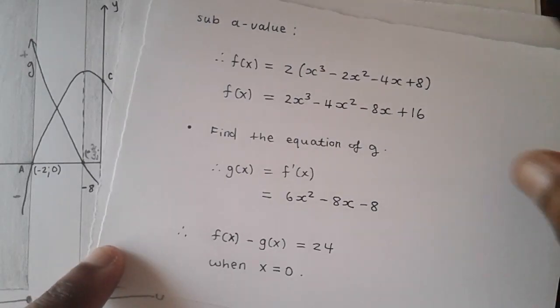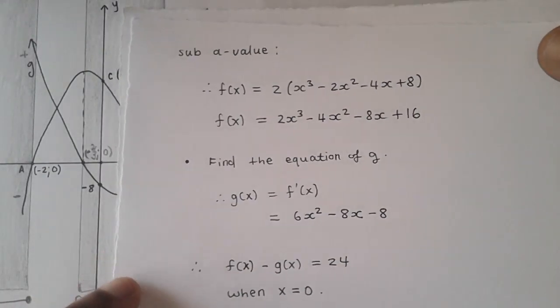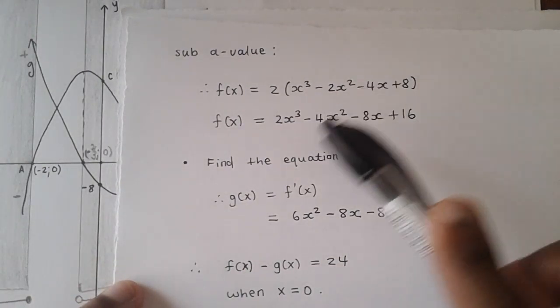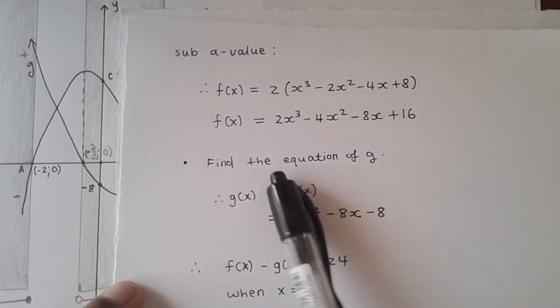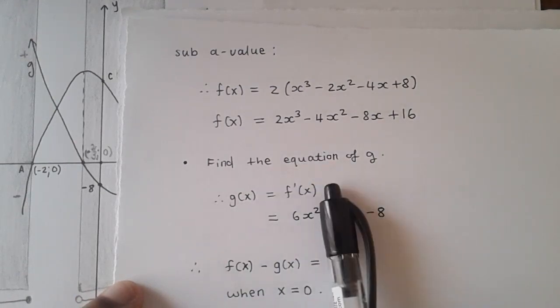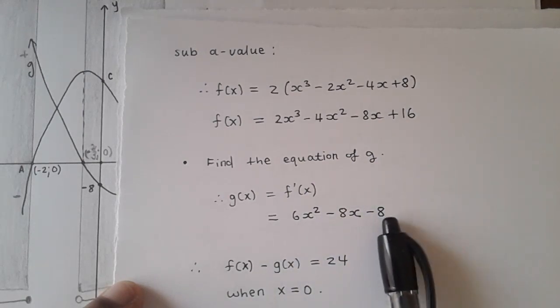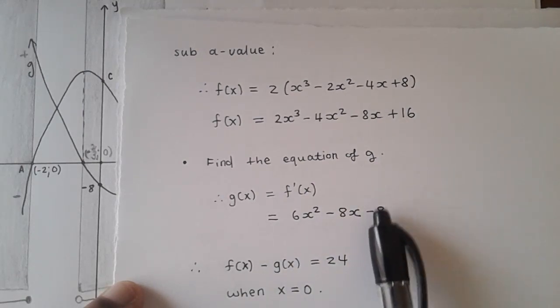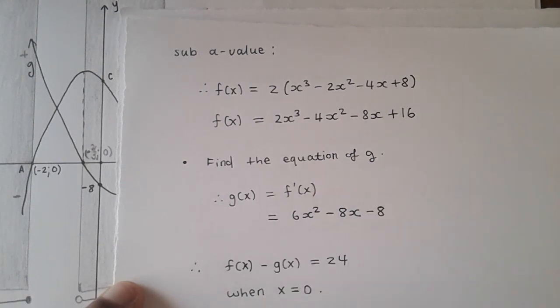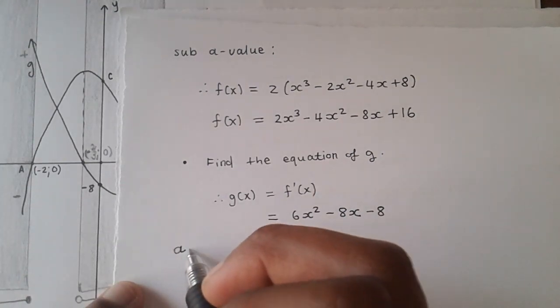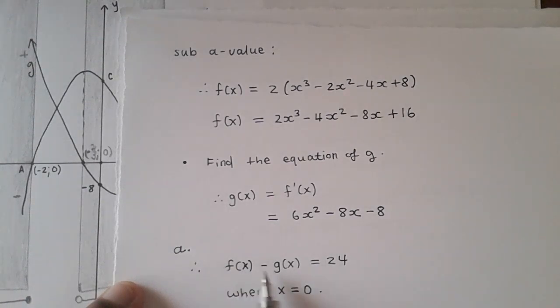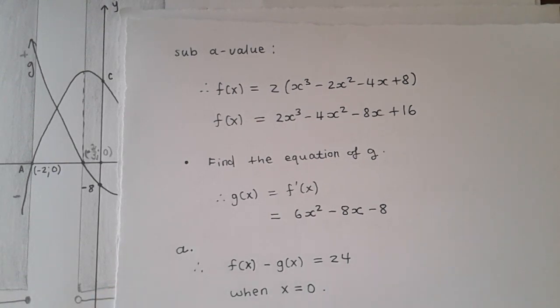And then once we found the value of a, we substituted it back into f of x to get the equation for f, and then we had to find the equation of g, which was f prime of x, and then from the equation of g we got the y-intercept. Okay, and then this was a. Therefore f of x minus g of x is equal to 24. Okay, the distance of 24 when x is equal to 0.